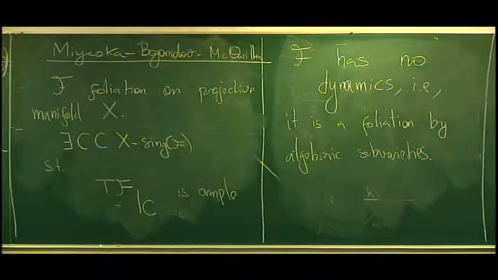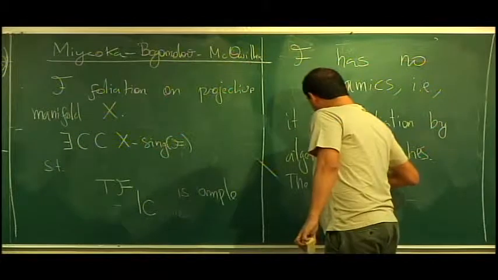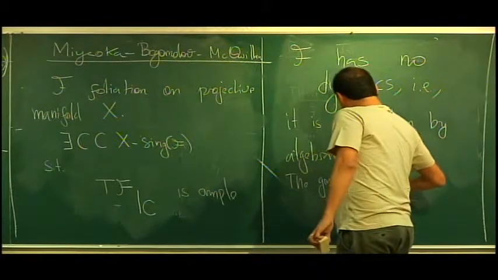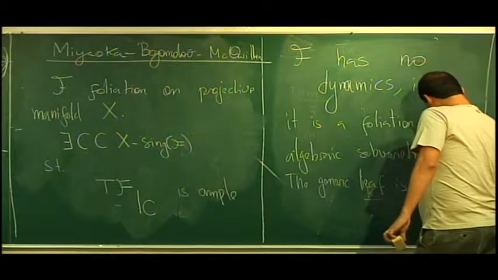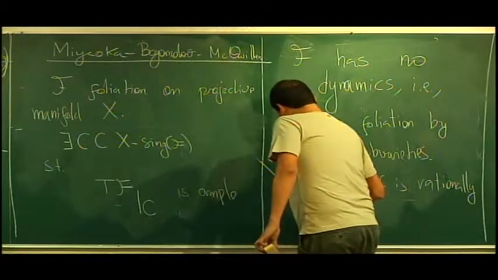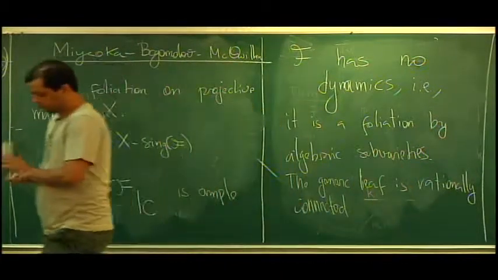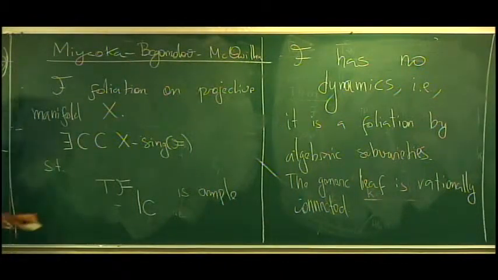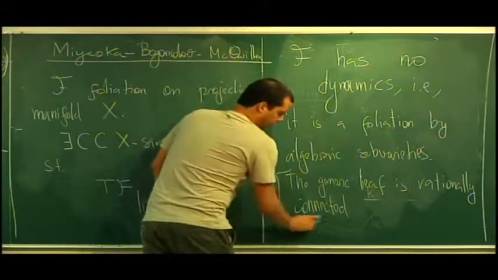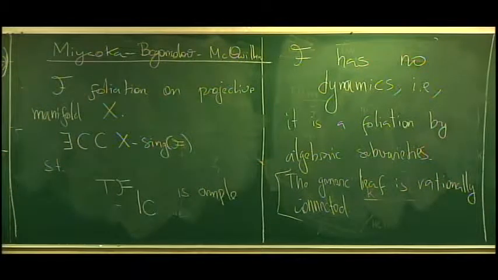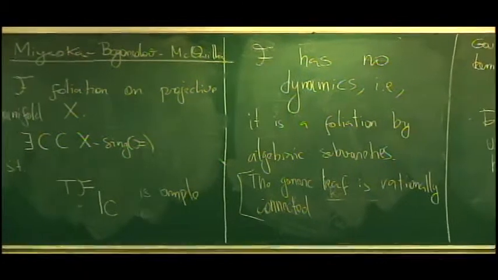Even more, the generic leaf is rationally connected. Okay? I will not prove or discuss the second part, but I will give essentially a complete proof in 5 minutes of the first part.